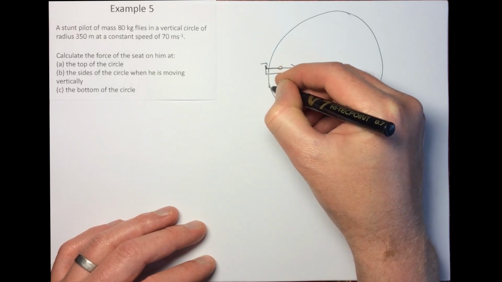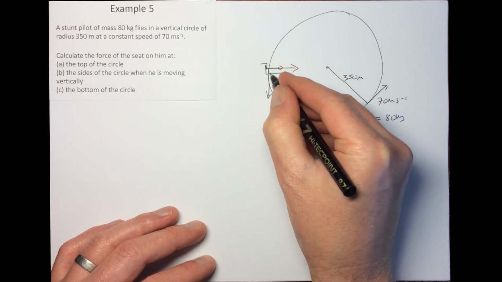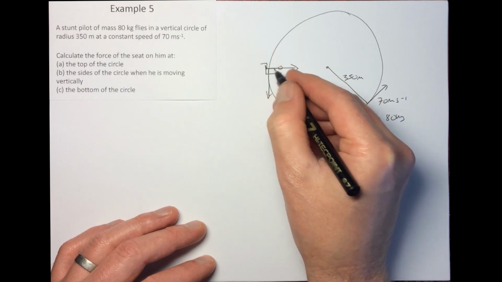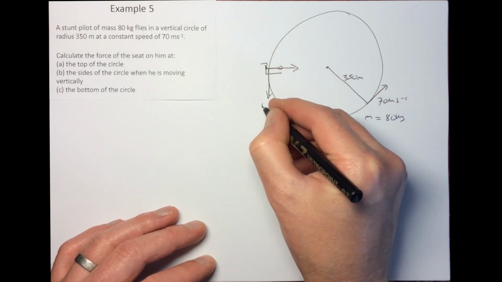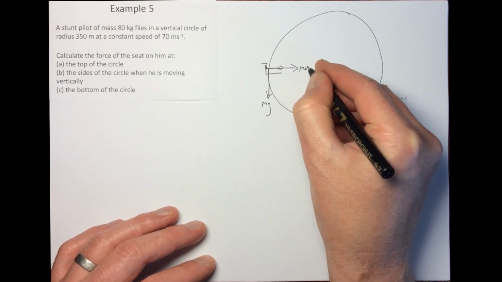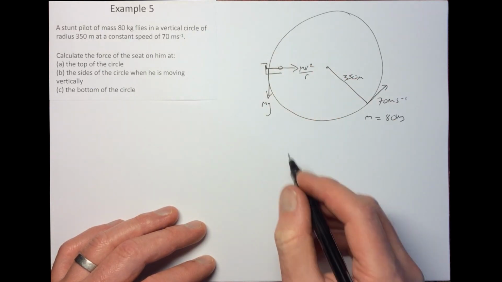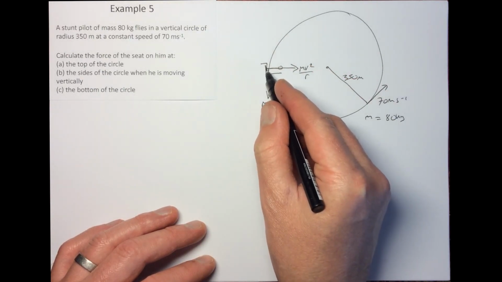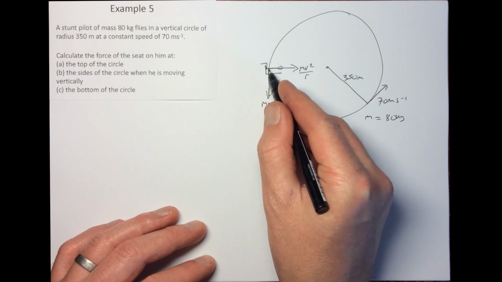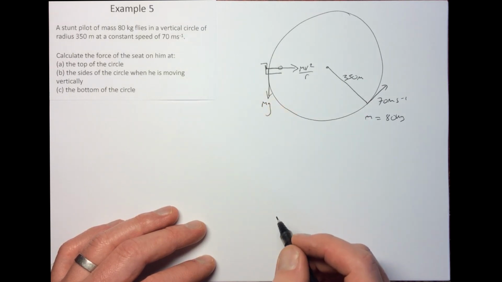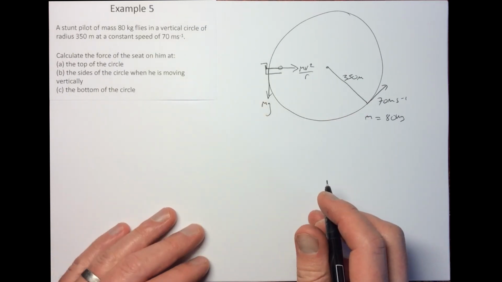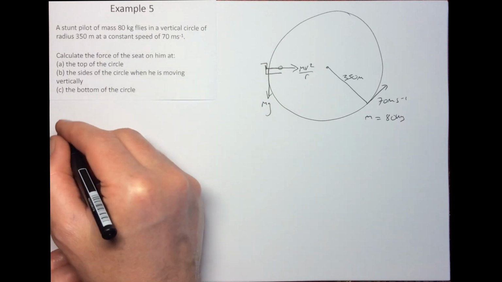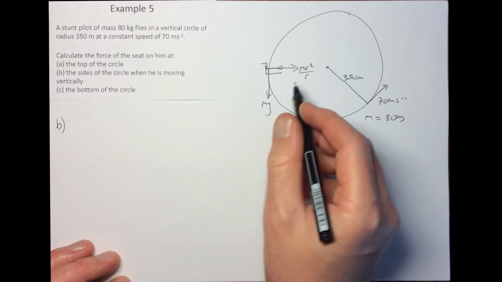The weight would apply a force on the back of the seat, but we're not worried about that, only the bottom of the seat. So the weight here and the centripetal force are perpendicular, so it's the contact force between the person's bottom and the seat that's going to provide the centripetal force, and that's the force that the person is going to feel from the seat. So let's just do part B here first.